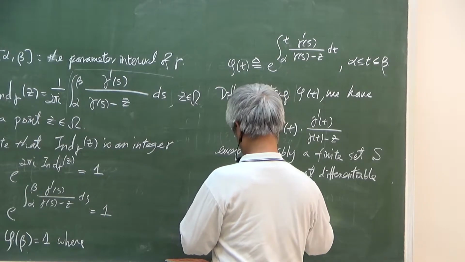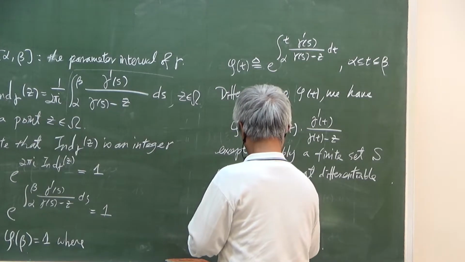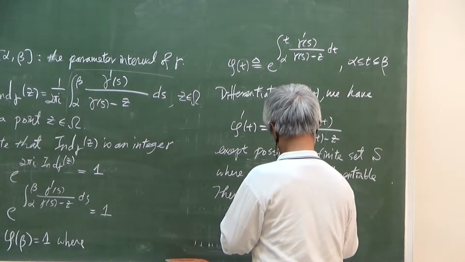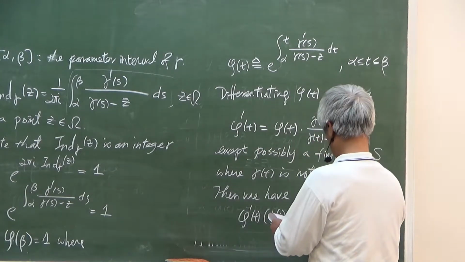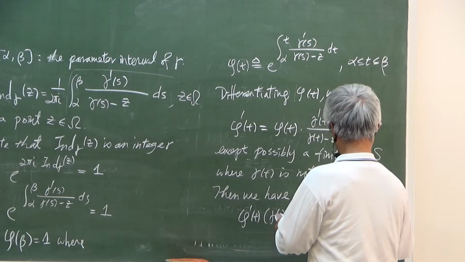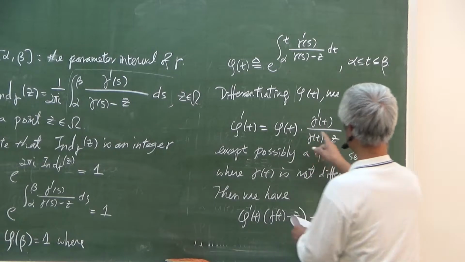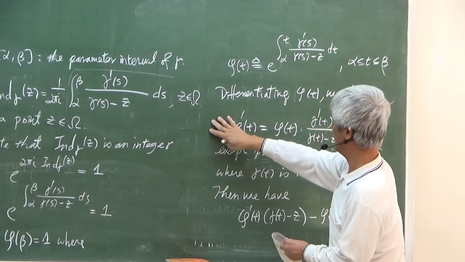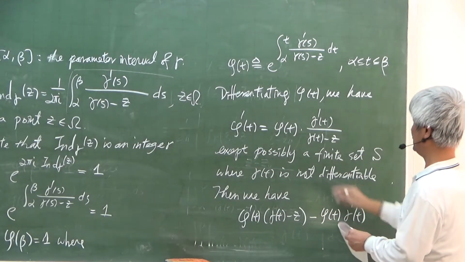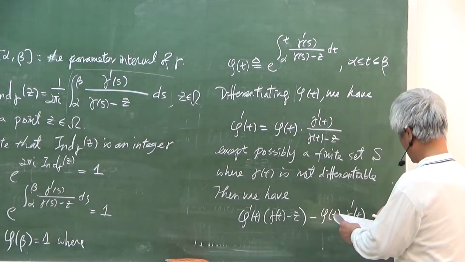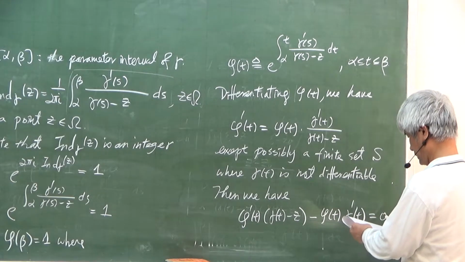So then we have phi prime t times gamma t minus z, minus phi t times gamma prime t, equal to 0. You can move the denominator to the left-hand side and take the difference between the right-hand side and left-hand side. So this is equal to 0.